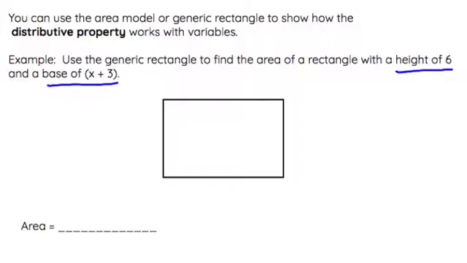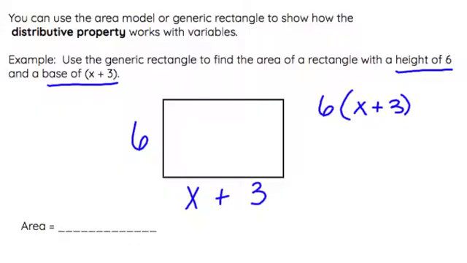The height is how tall it is, so I'm going to put a 6 there. The base is the length at the bottom, so that's x plus 3. Now I want to find the area inside the rectangle. So really, it's 6 times x plus 3, because that's base times height.